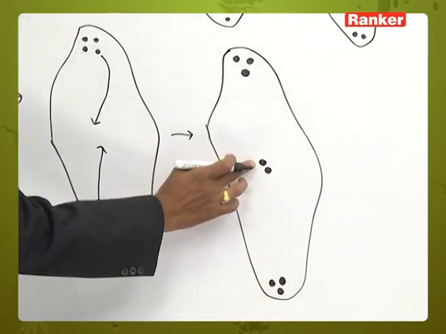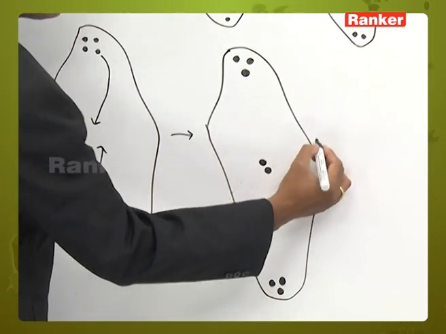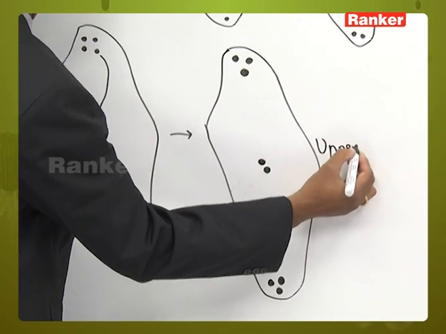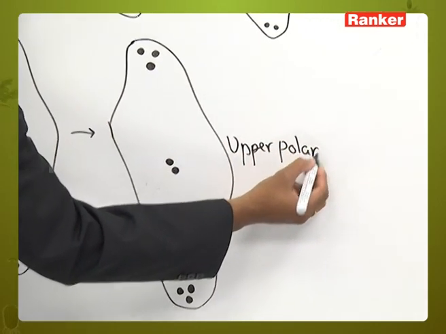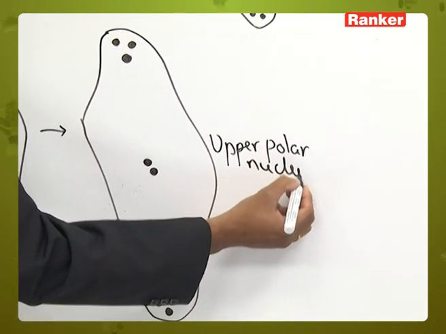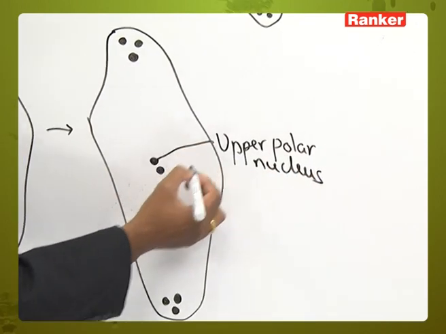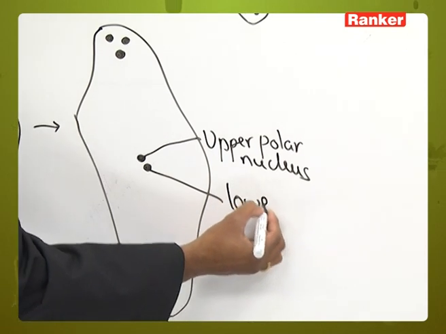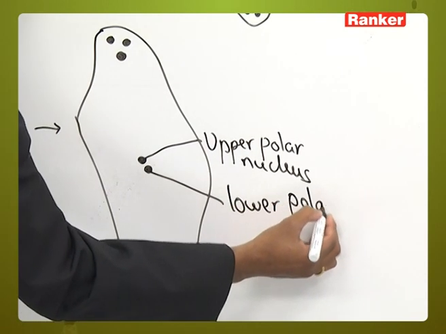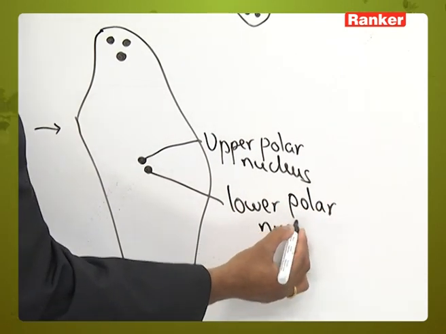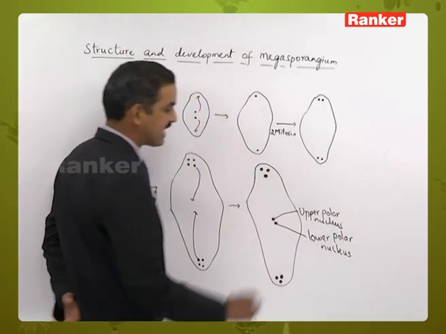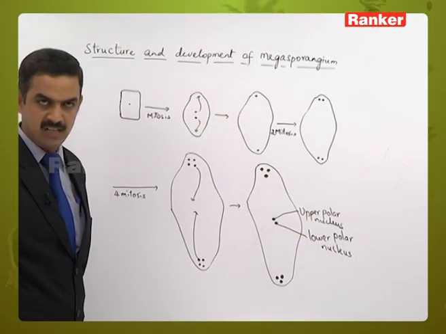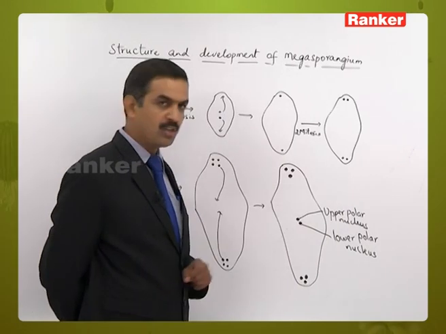Now the one which is moving from the upper side, we call it the upper polar nucleus. This one is coming from the lower side, so we call it the lower polar nucleus. So in total, one embryo sac has 2 polar nuclei. One is from the upper side, one is from the lower side.